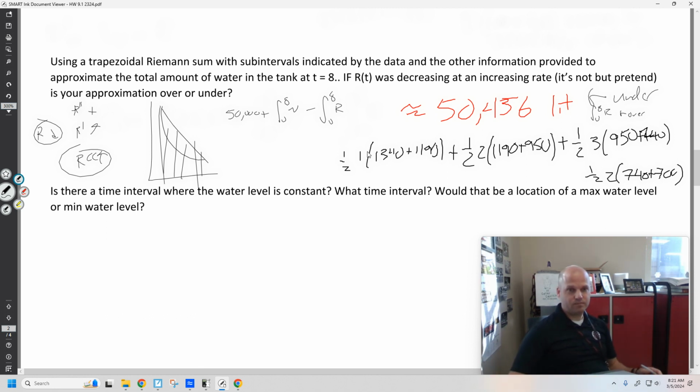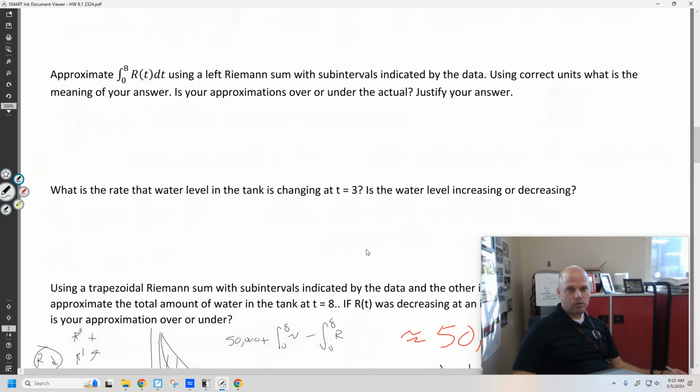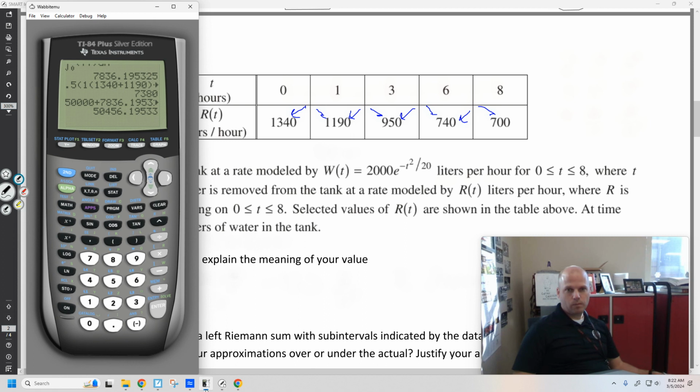It's a great question. Is there a time when the water level is constant? What time interval? Would that be a location of a max water level or a min water level? Well, we can see W is decreasing. W starts at 2,000. W gets to 81. We're going to cross over somewhere. I don't know exactly the easiest way to do this.